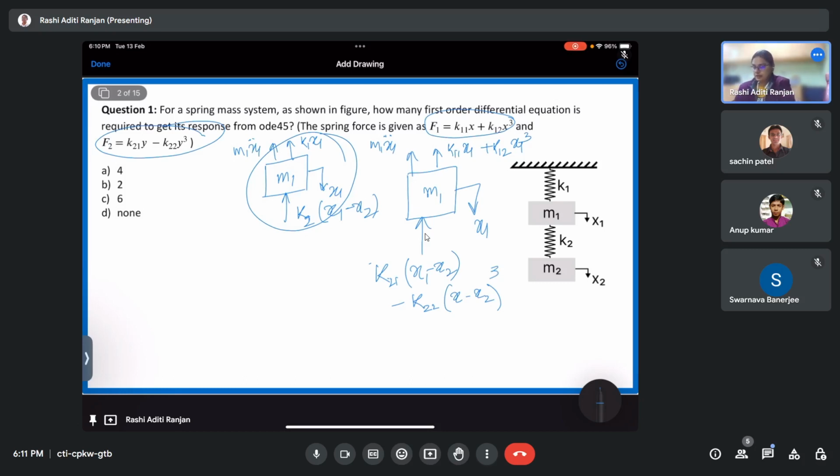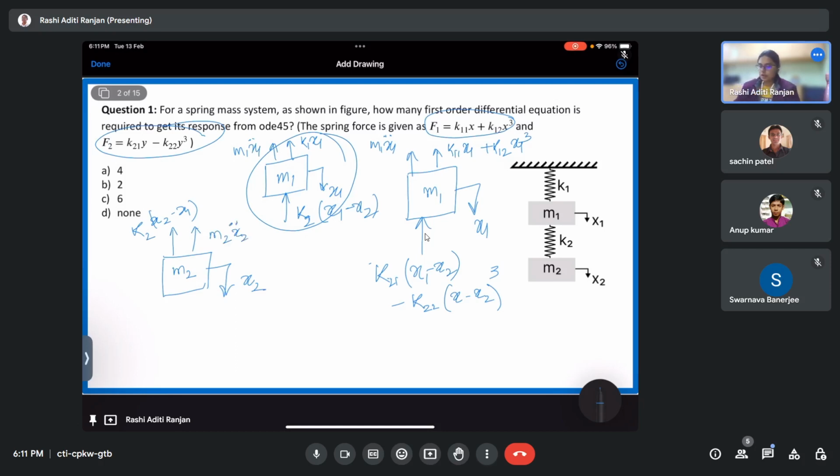And similarly, if I go for the second mass, which is M2, what am I going to have? I have this displacement X2 and I have the spring force K2 (X2 minus X1). Here also I'm going to have the relative effect. Apart from that, there will be an inertia force as well.